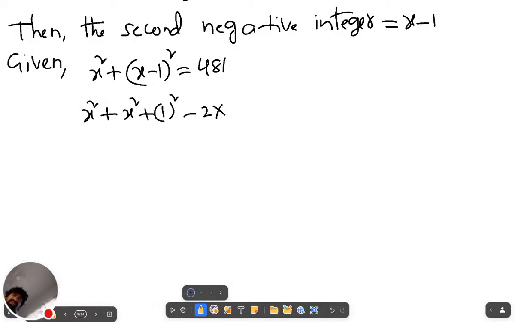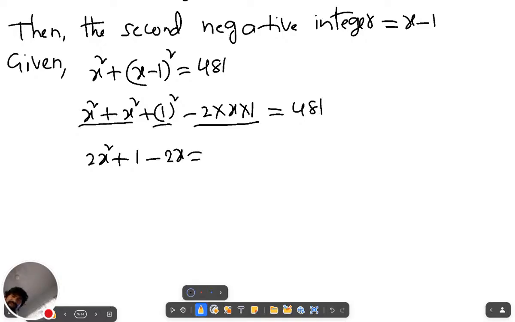So x squared plus x squared is 2x squared, 1 squared is 1, and minus 2 into x into 1 is minus 2x, equals 481.